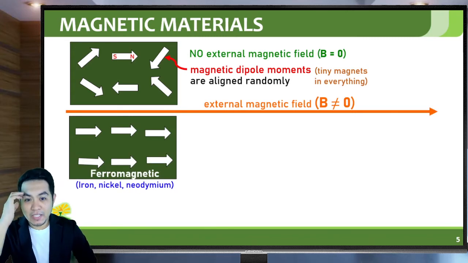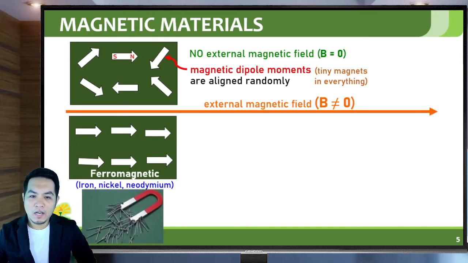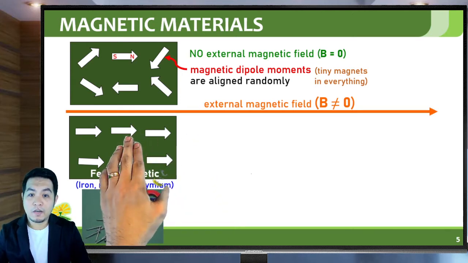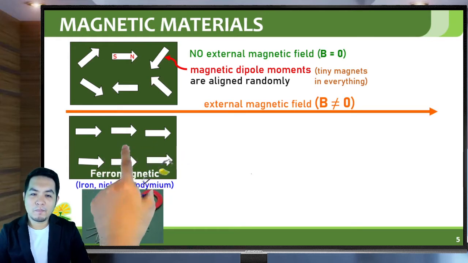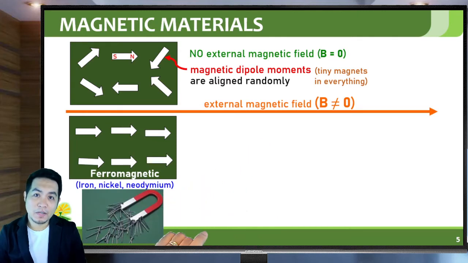So if your material is ferromagnetic, such as materials containing iron, nickel, or neodymium, all or most of their magnetic dipole moments, the tiny magnets inside them, become aligned. They align with the direction of the magnetic field. And this causes them to have a very strong magnetism.